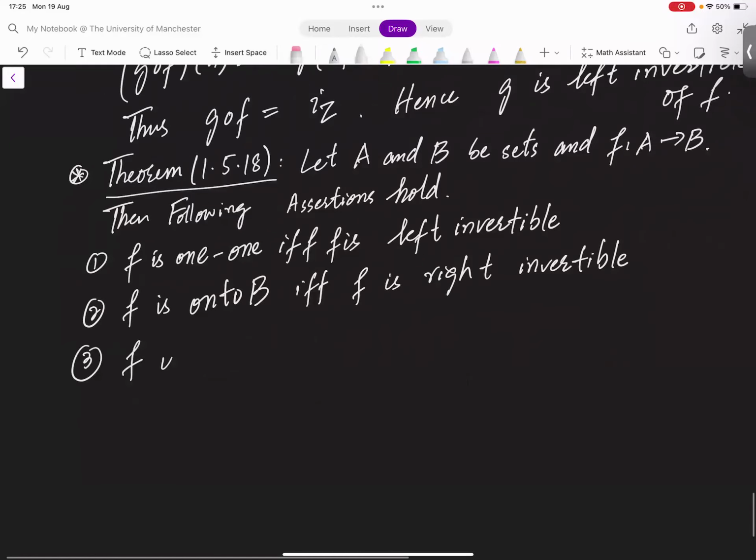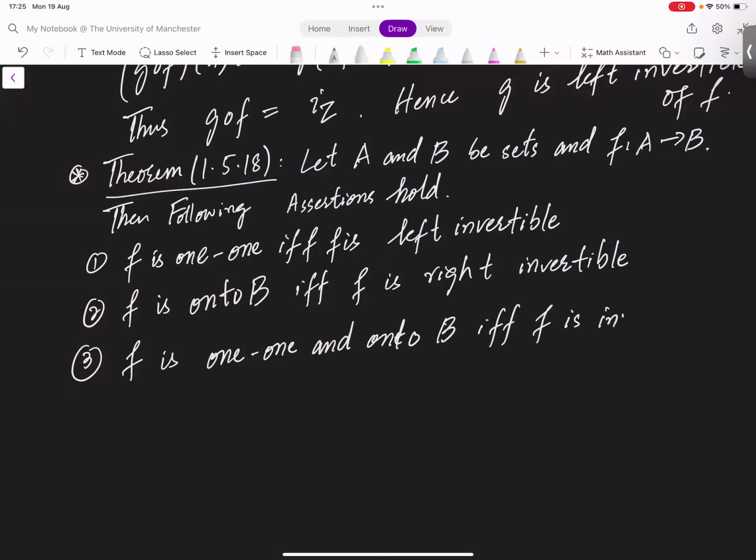Three, f is one-to-one and onto B if and only if f is invertible.